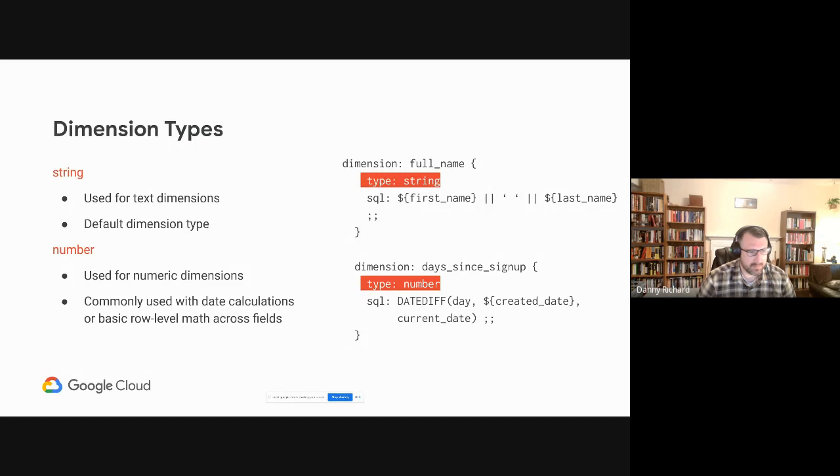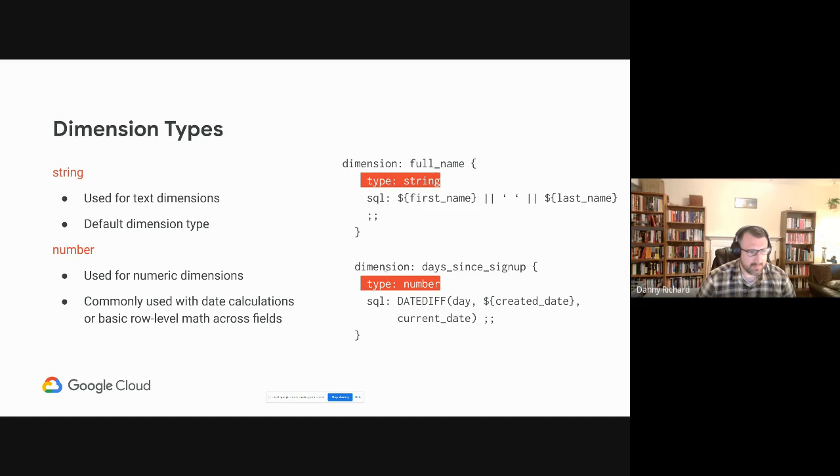So we'll talk about dimension types. There's basically two main types of dimensions: type string and type number. Anytime in your database it's a varchar, a char, or a text, that's just substituted in Looker as a string.